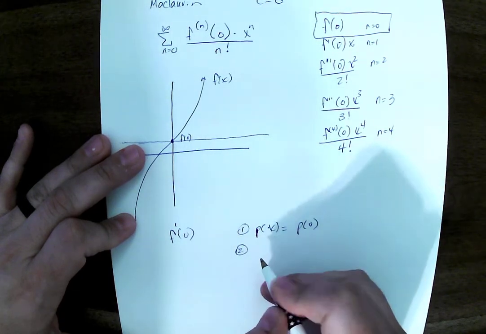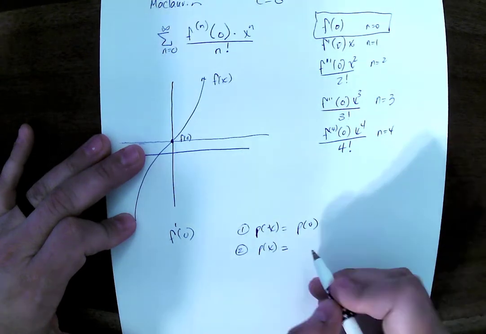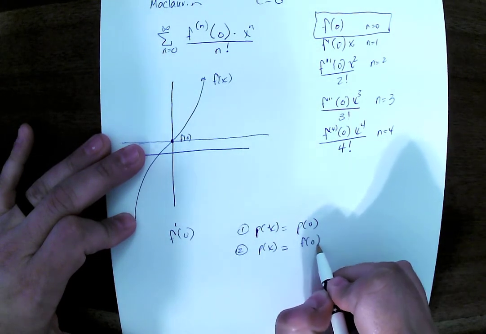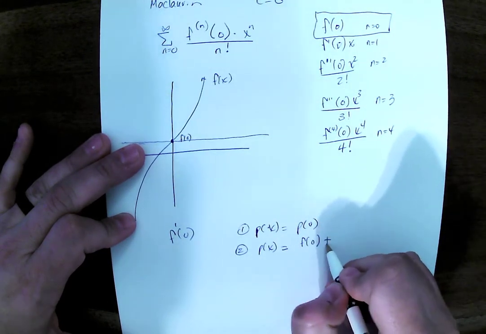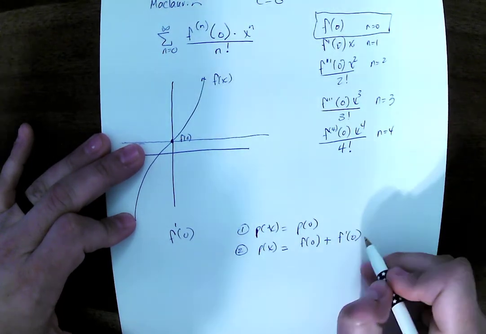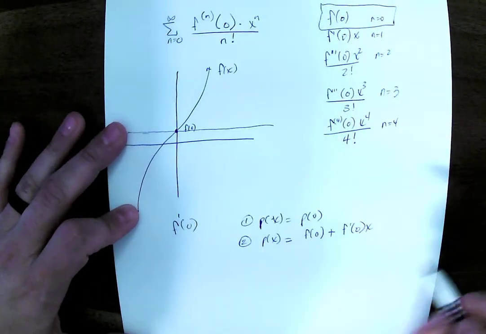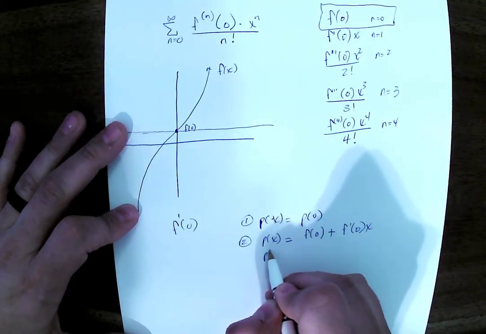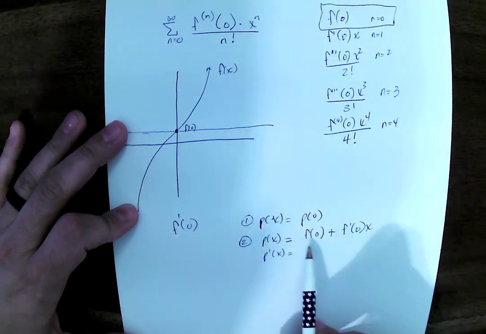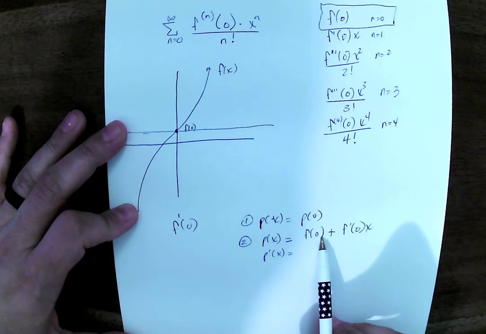So if we do that, let's say, what if p of x equals f of 0 plus f prime of 0 x? Okay. Well, if we do that, then let's take the first derivative of this. P prime is this. We take the derivative of everything on this side. Remember that f of 0 is a constant because there is no variable.